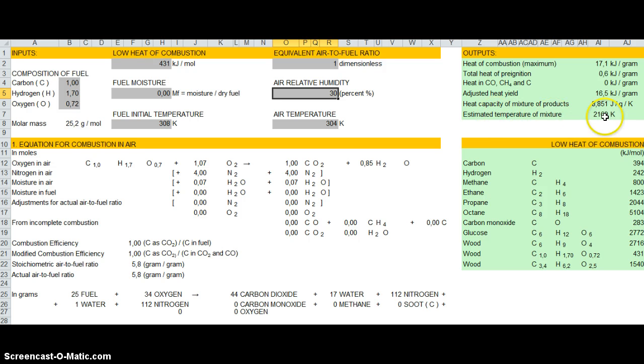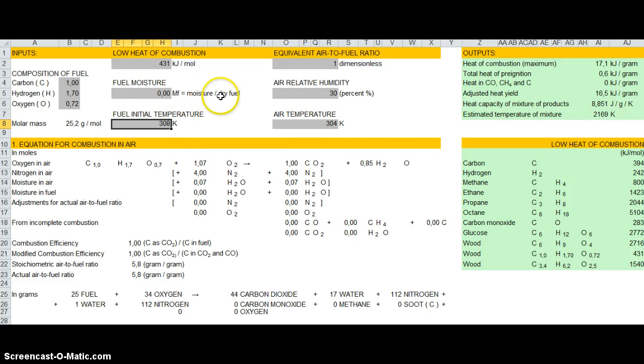The estimated temperature of mixture is much more dependent on fuel moisture, for instance. If you go from 0 to 1 fuel moisture, you see a dramatic decrease of the temperature. So you go back again to 0 fuel moisture, and you see it's more than 2000.